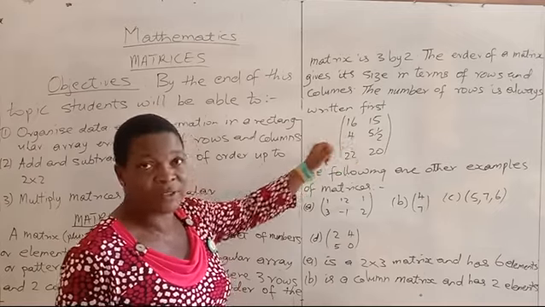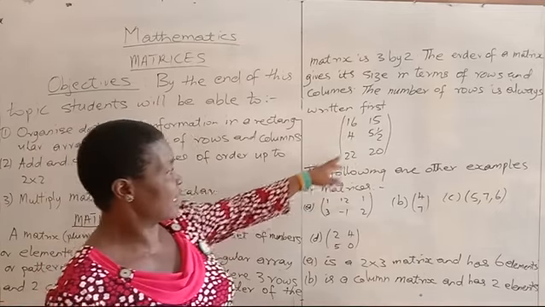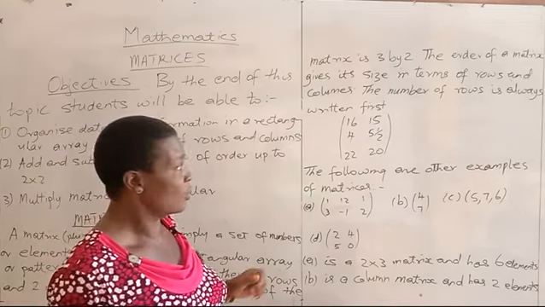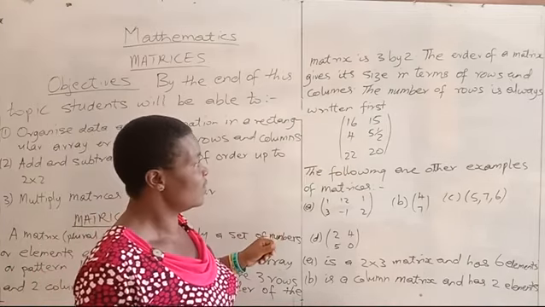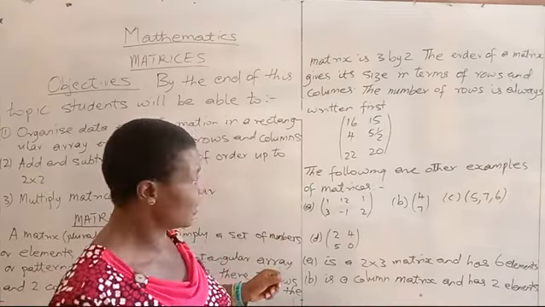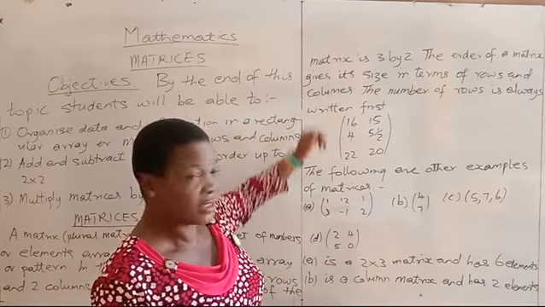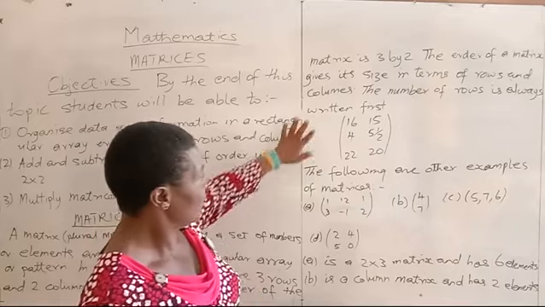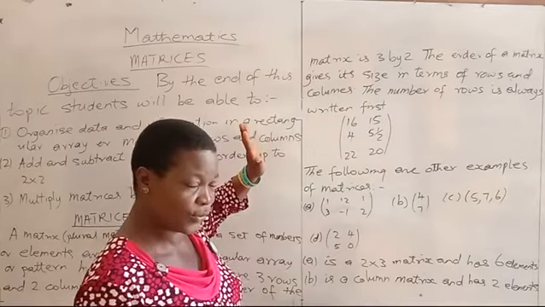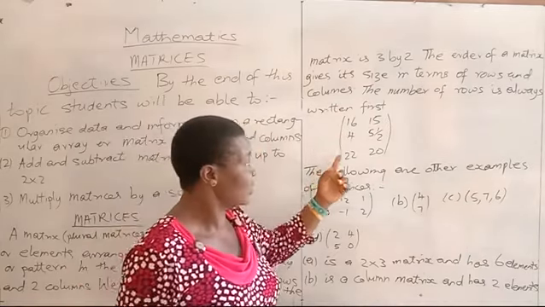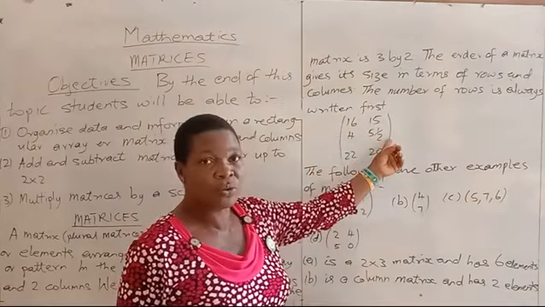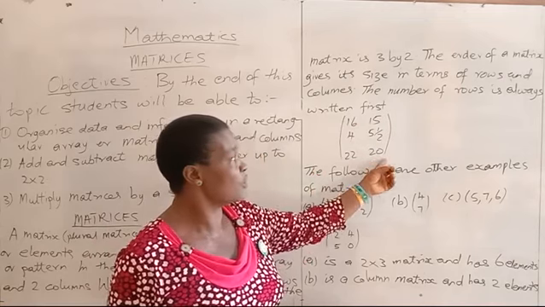Look at this example on the board. This is a matrix of order 3 by 2. Why is it order 3 by 2? It is order 3 by 2 because, remember what we call columns and rows, this matrix has 3 rows. Look at me. This is a row, this is a row, this is a row.